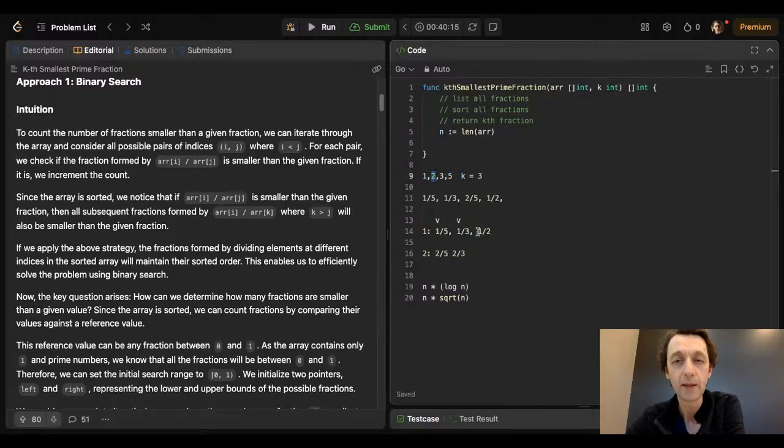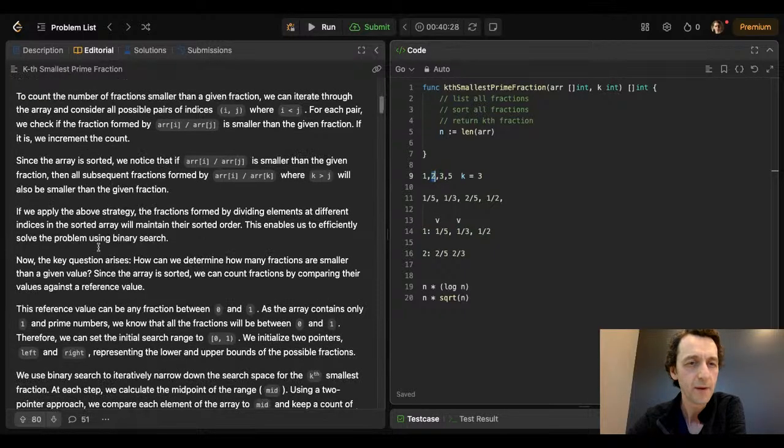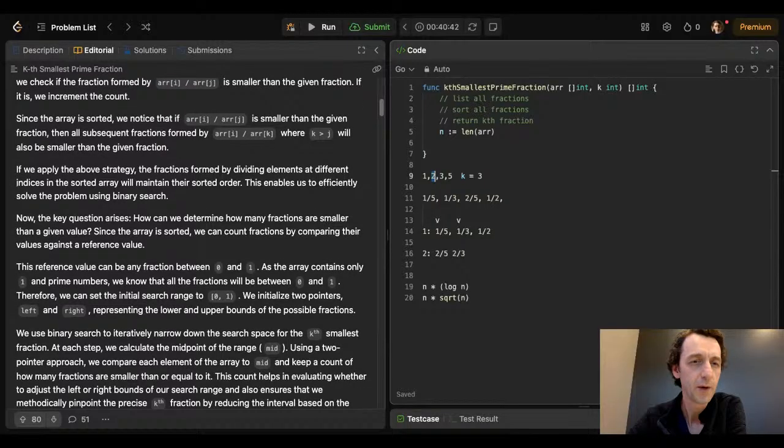Smaller than the given, which is 2 divided by 5 in this case. Okay, that's true. If we apply the above strategy, the fractions formed by dividing elements at different indices in this ordered way will maintain their sorted order. This enables us to efficiently solve the problem using binary search.